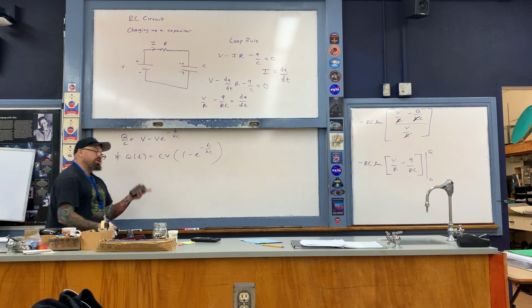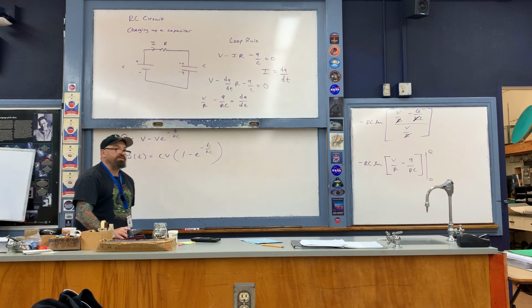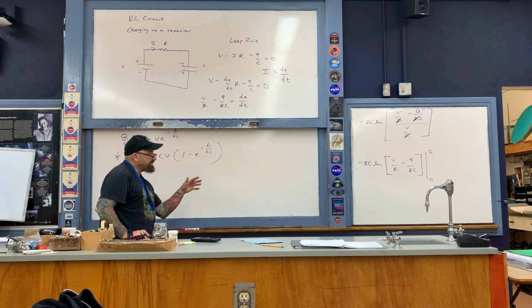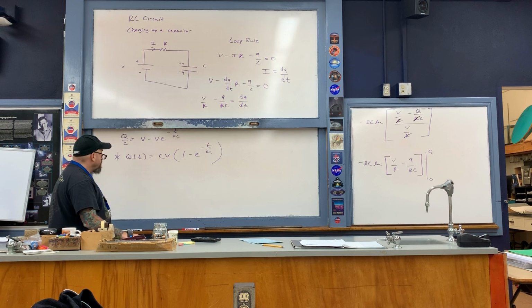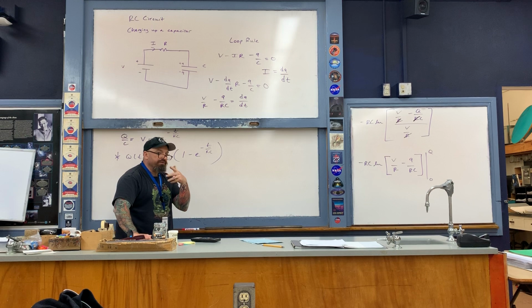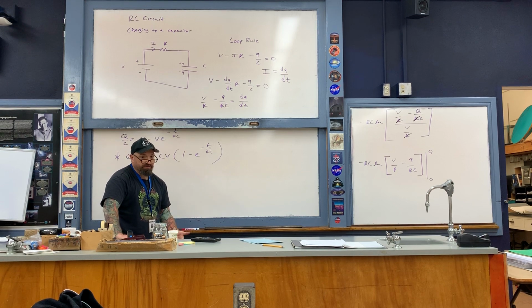Okay, compare this expression here to the expression that describes the velocity of a falling object when air resistance is present as a function of time. You end up with a very similar function. Okay, now this is the charge on the capacitor as a function of time. How would you find the voltage across the capacitor as a function of time, which is what you saw in the demonstration?